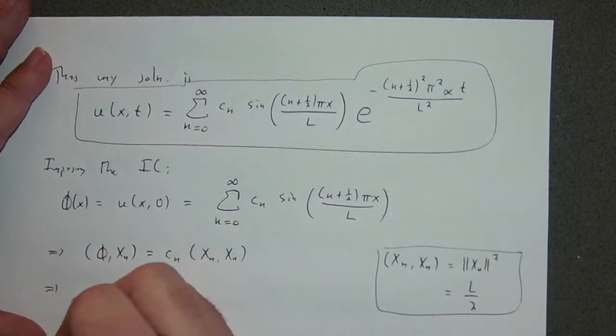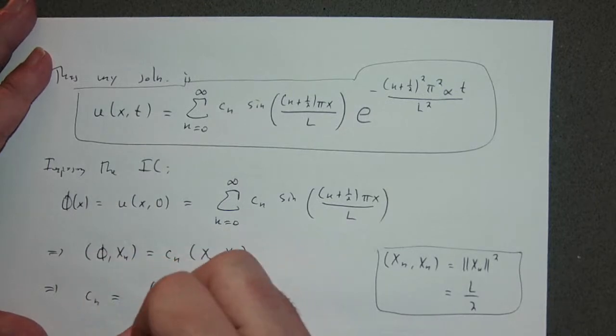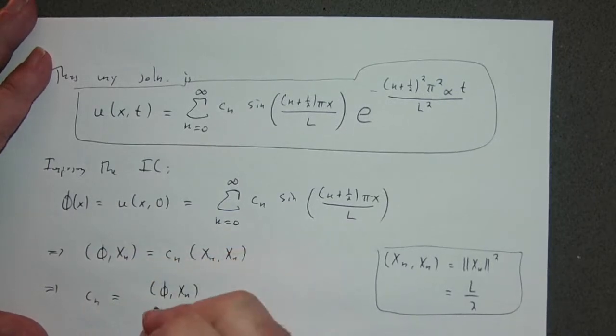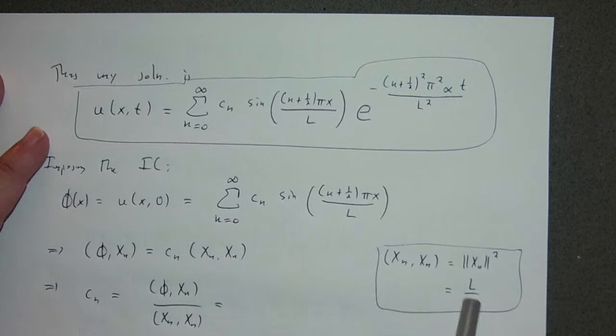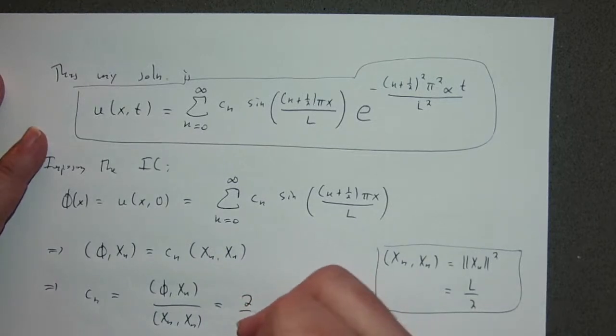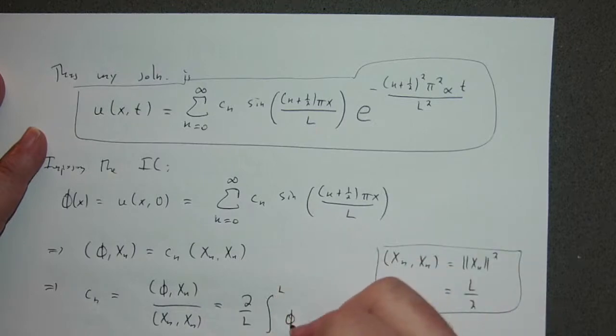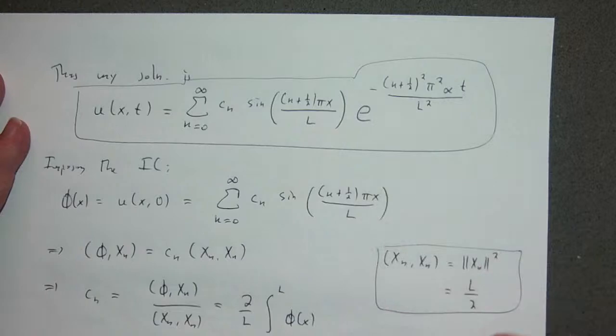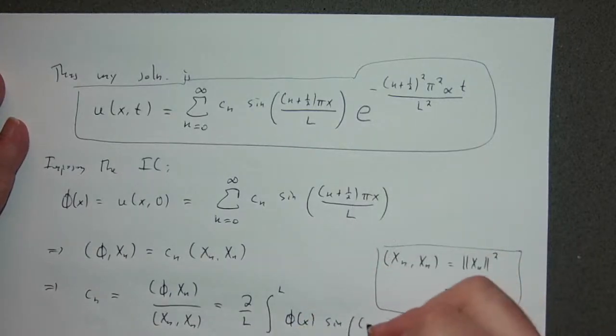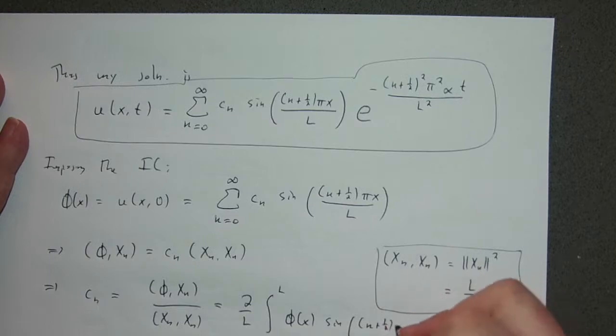And so c sub n is equal to phi paired with X sub n over X sub n paired with itself, which, as we wrote before, since this is L over 2, is going to be 2 over L times the integral from 0 to L of phi of x times the eigenfunctions X sub n, which are these sines. So that's sine of (n plus 1/2) pi x over L dx.